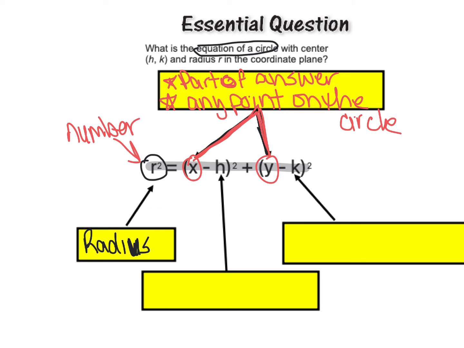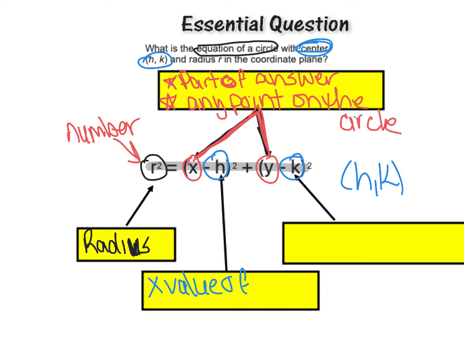And then we have these two letters, h and k. h and k represent the center of the circle. If you notice up here on the top, it says center (h, k). So the ordered pair (h, k) is the center of the circle, and h represents the x value of the center, and k represents the y value of the center.